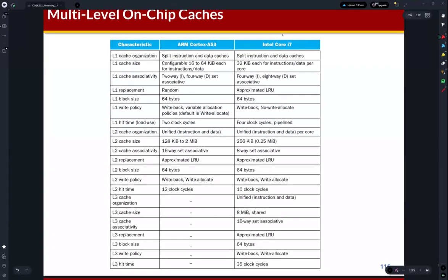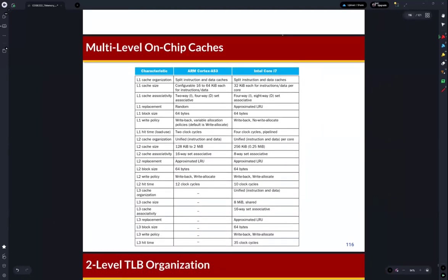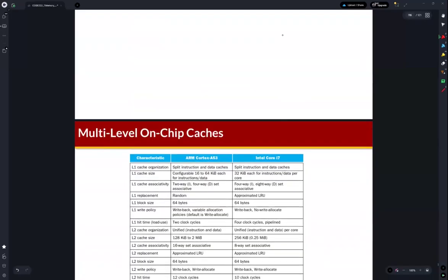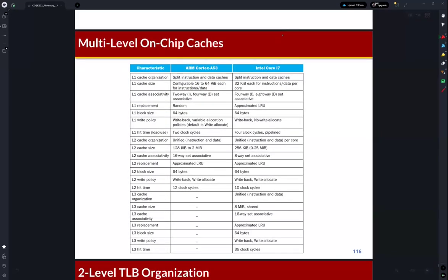Okay, so if you read the CPU document, you can find the cache organizations. This table shows the cache organizations of ARM CPU and Intel CPU. As you can see, the Intel CPU includes up to level 3 caches, right?